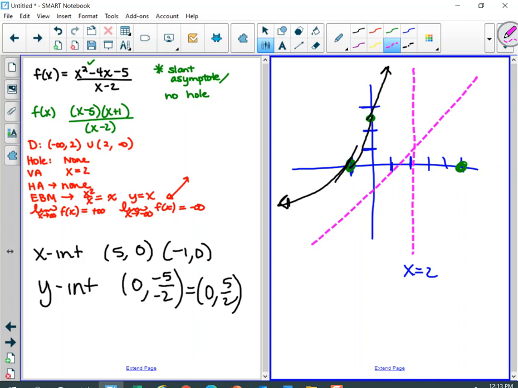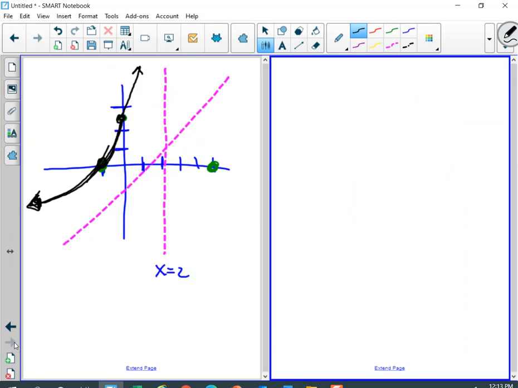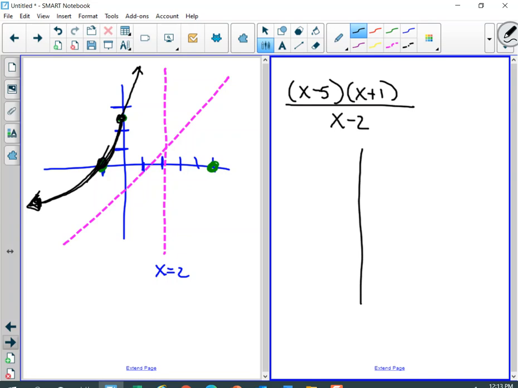And to help me sort of figure out where that slant would go, it might help to throw a few extra points on here. So let's go to our third screen. Let's get our x minus 5 x plus 1 over x minus 2. And let's do some other points.